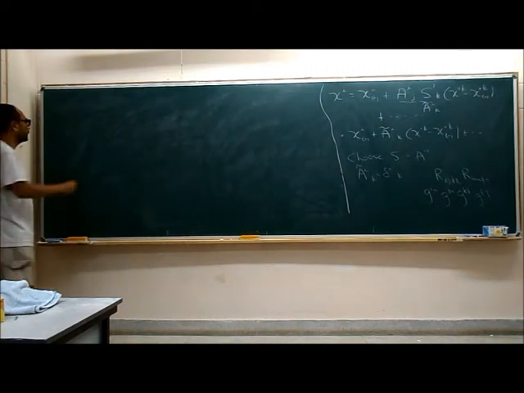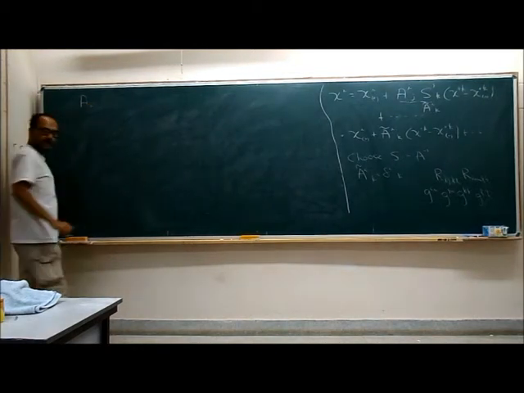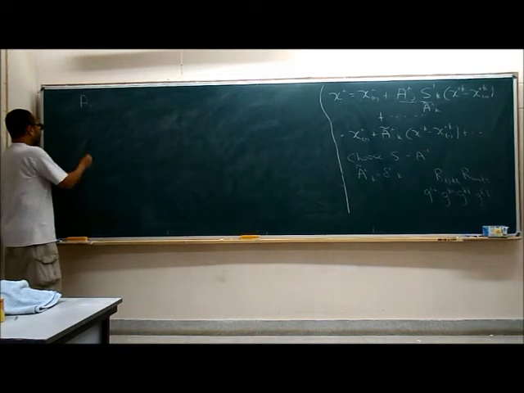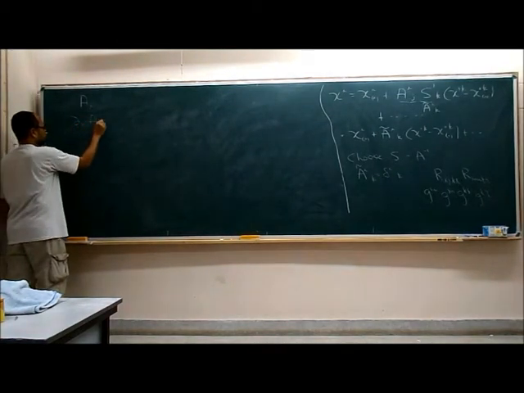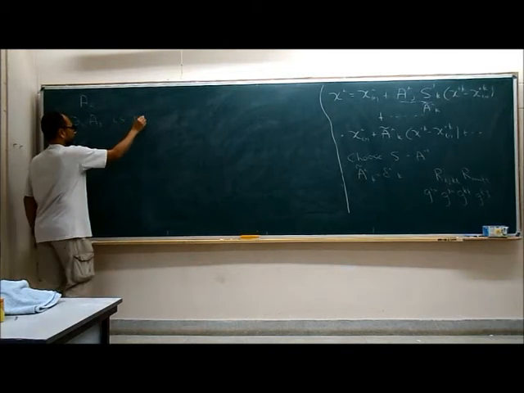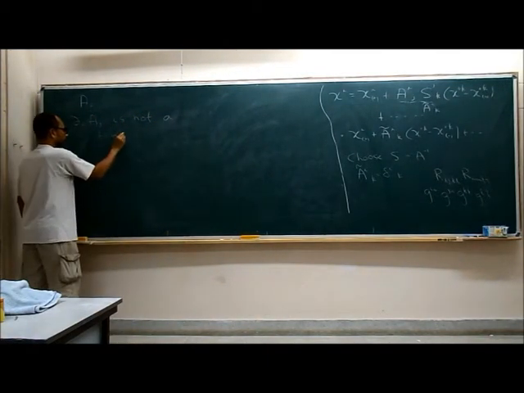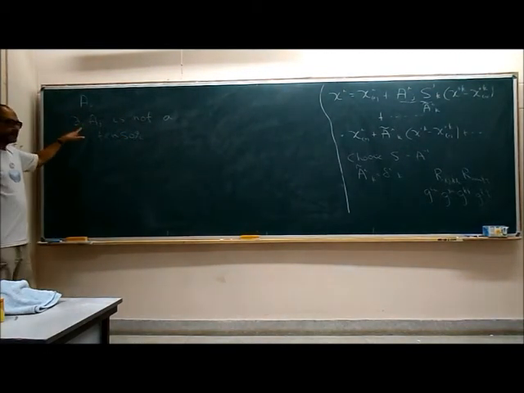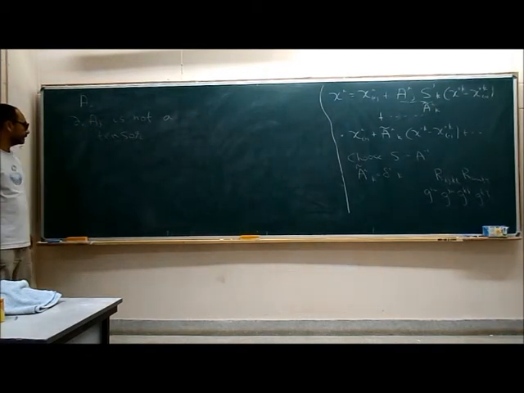Suppose you have a tensor A_i, a covariant vector, rank 0 1 tensor. Then what we saw is that its ordinary derivative is not a tensor, because when you look at its transformation property, you get some additional terms. So this is not a tensor.